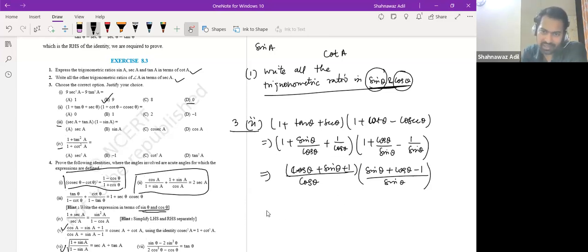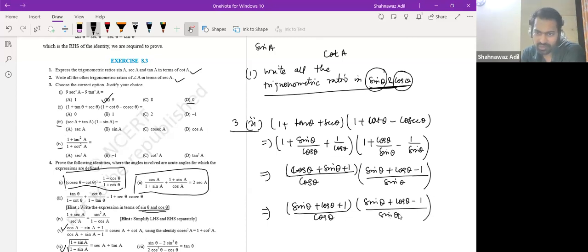Can you guys identify the identity that we have in these two terms? Let me write it this way. First is sine theta plus cos theta plus 1, and the other one is sine theta plus cos theta minus 1.